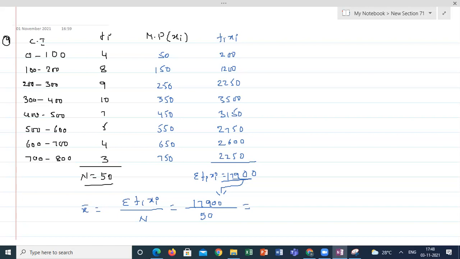Guys, I'm waiting for your reply whether my sum is correct or not. If it is right, what is your mean value? Harshida, Vaishnavi, Shreya, has anyone got the answer? What is the mean value?